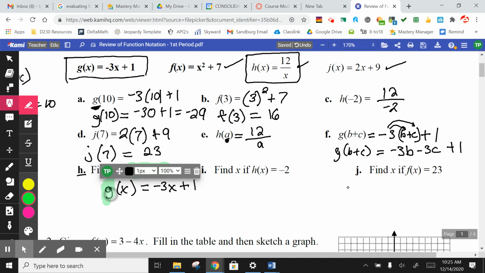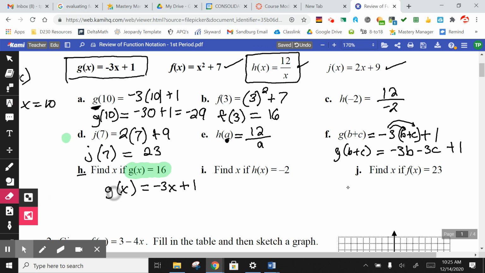So that means I can come down here to this g of x, and don't we know what that value is? It's 16. So what I'm going to do, I'm just going to erase this because I know what g of x variable is. It is a 16. The variable that we now solve for is x.